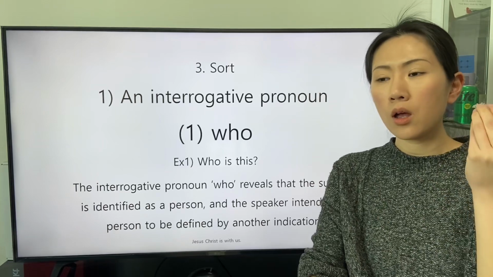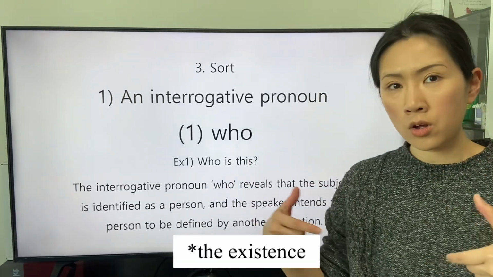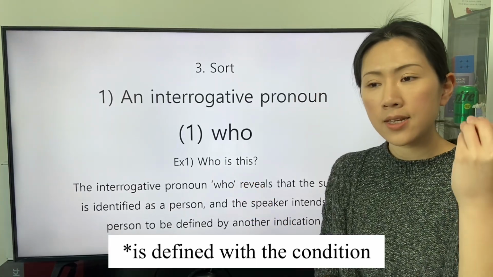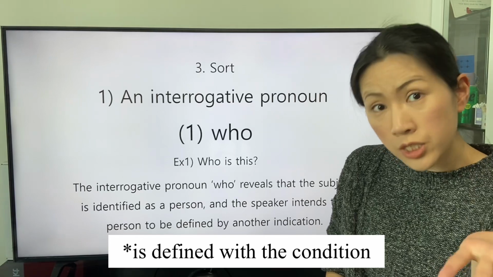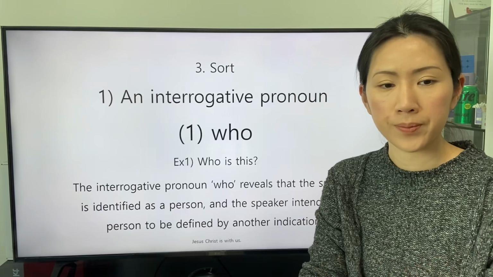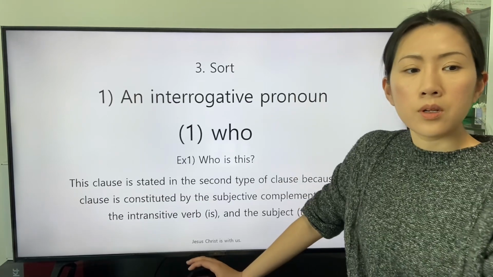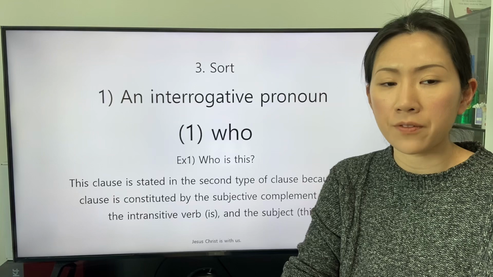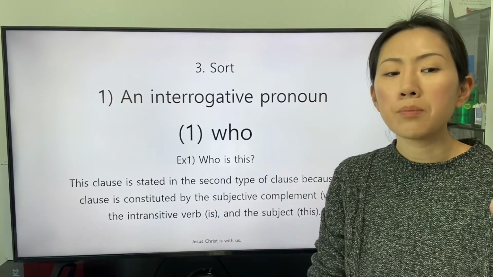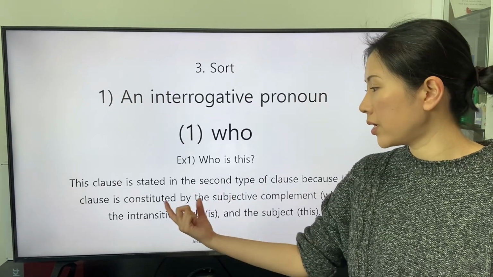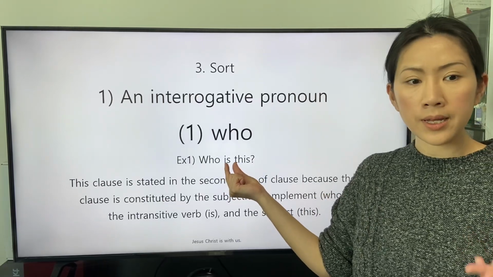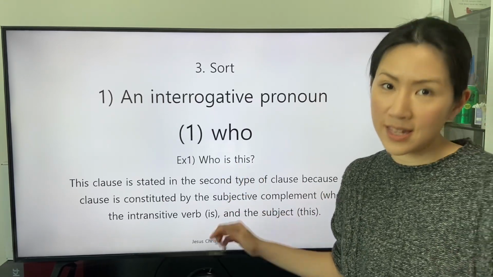So we can understand the condition of the subject indicated by the interrogative pronoun who. This clause is stated in the second type of clause because the interrogative clause is constituted by the subjective complement who, the intransitive verb is, and the subject this.